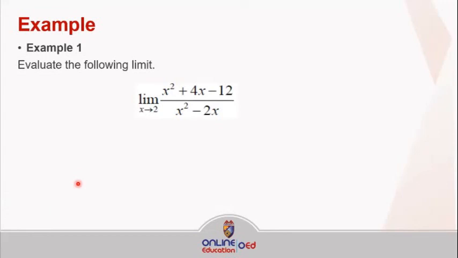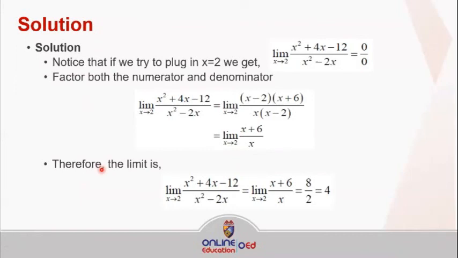Next po natin, for the example number 1, so evaluate daw yung following limit. So we have here the limit x squared plus 4x minus 12 over the x squared minus 2x, wherein yung given natin na x is 2. Okay. So kung mapapansin niyo dito, sabi ko kanina is itatry natin muna yung denominator.